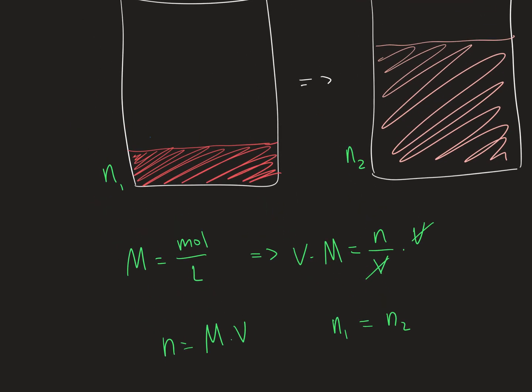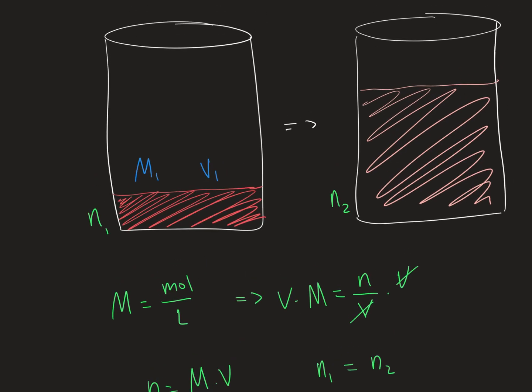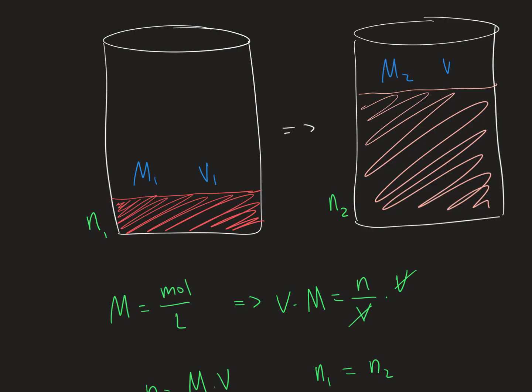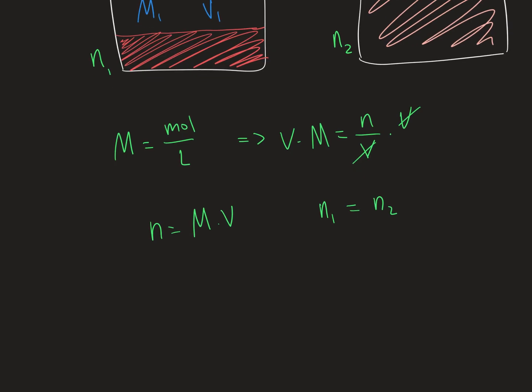Now I have a concentration 1 here, and I have a volume 1. I have a concentration 2 and a volume 2. They're different. So can we write this equation in terms of concentration and volume? We can.